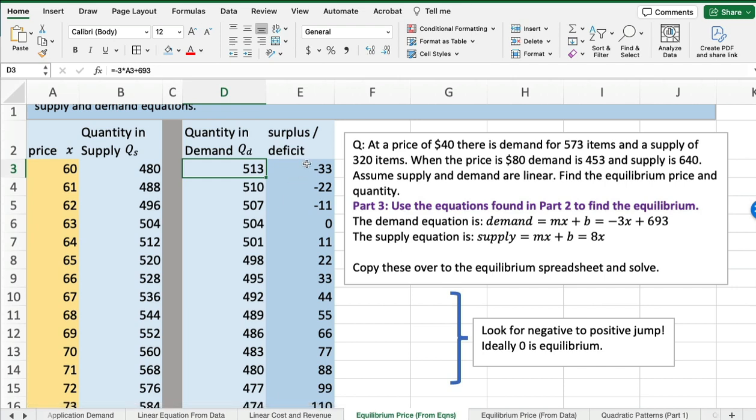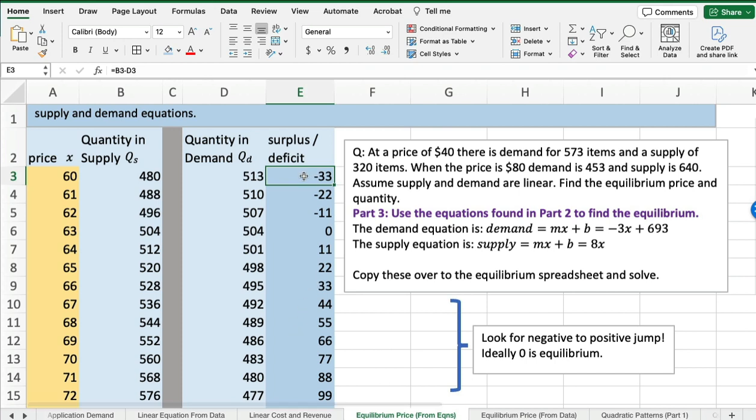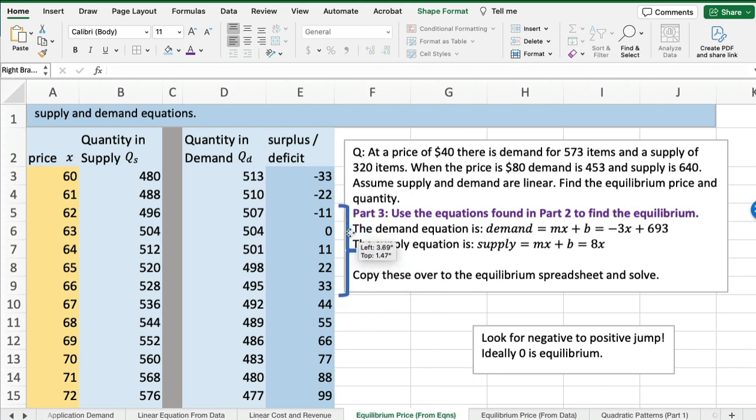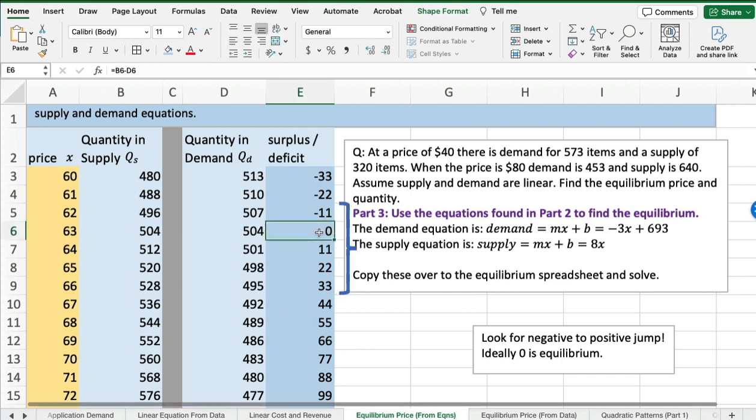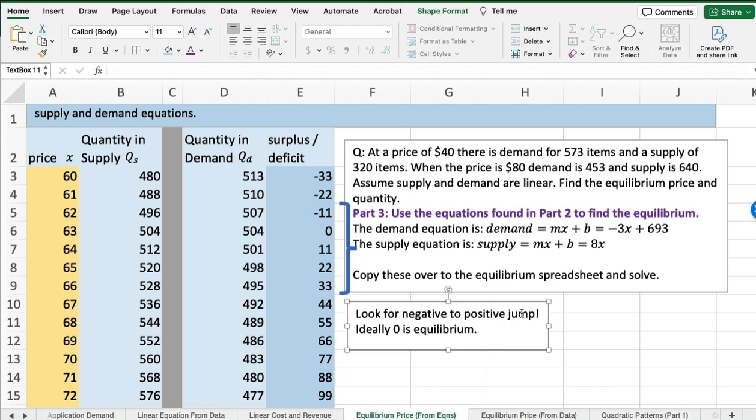The surplus and deficit column E over here was calculated for us. And again, we are looking for a place where the numbers pass from negative to positive, and honestly, we actually have a 0 there. So when you're looking for that negative to positive jump, if we actually have a 0 in that column, then we're golden, because that's ultimately what we're really looking for, is that 0.